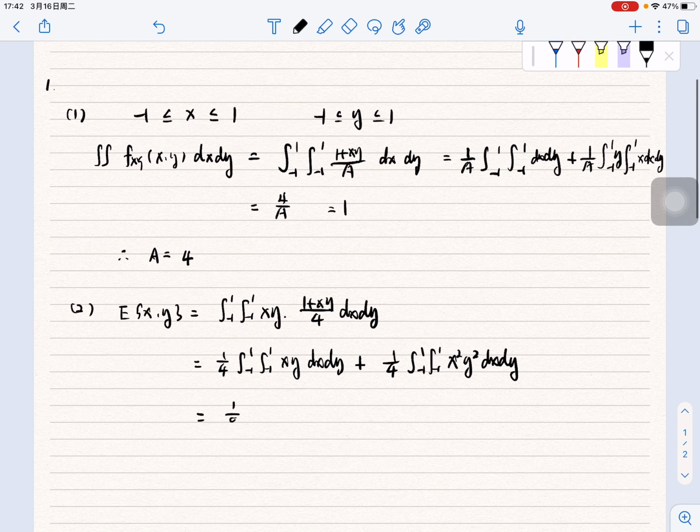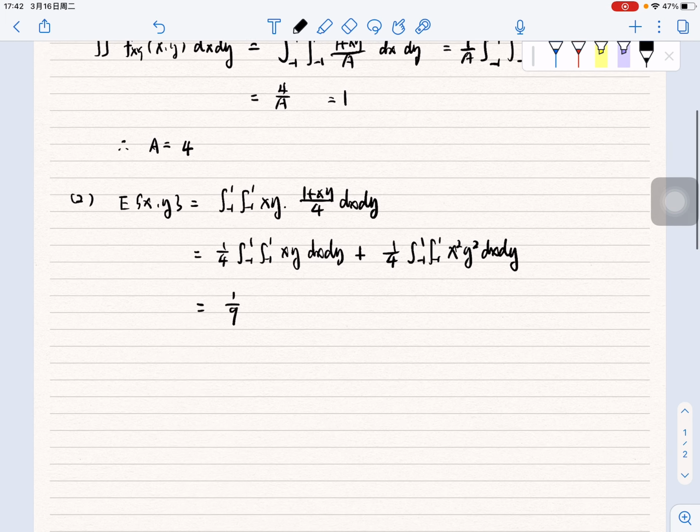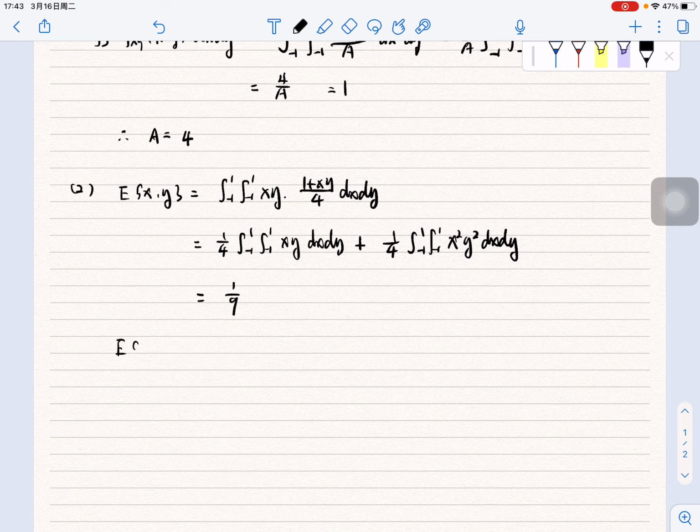It is 1 divide 9, and then we can calculate the expectation of x. We can take the same method, and it is the integration of x multiply 1 plus xy, then divide 4, dx dy.